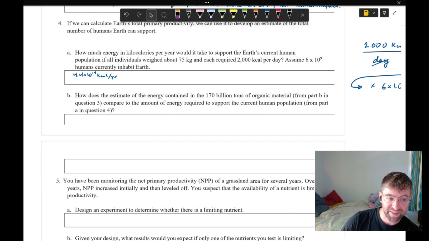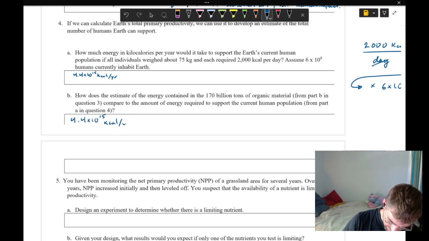So if we accept the assumptions made in part A, the one that we just did, then we have 4.4 times 10 to the 15 kcals per year.